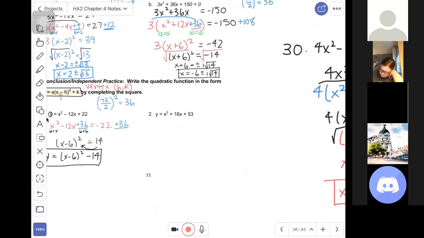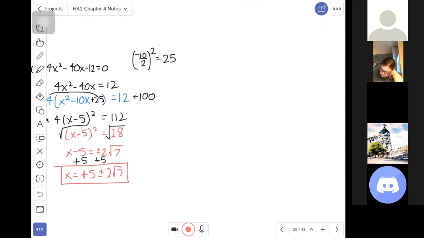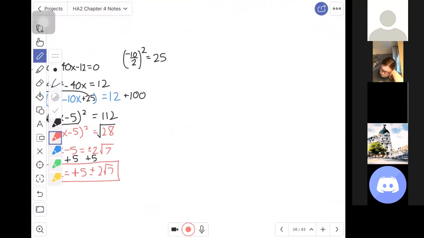So let's look at 43. Y was x squared plus 12x plus 37. And we're still doing the same thing. We still want to complete that square. So we're going to set this equal to 0. We'll bring that 37 over.